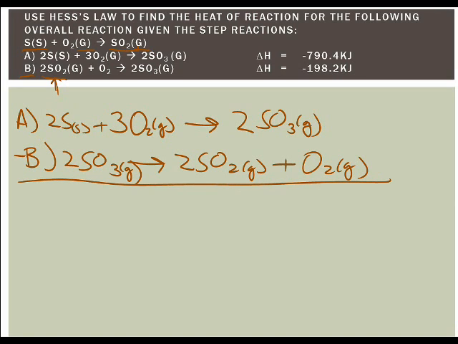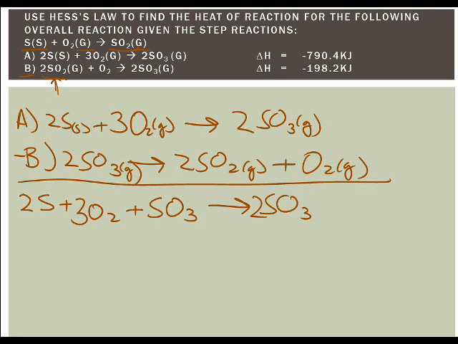Now we write them all out. 2S plus 3O2 plus SO3 goes to 2SO3 plus 2SO2 plus O2.